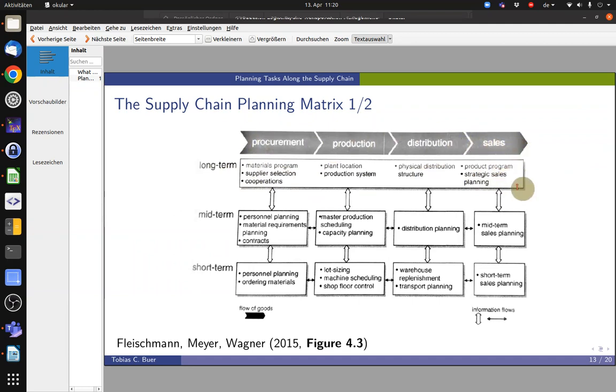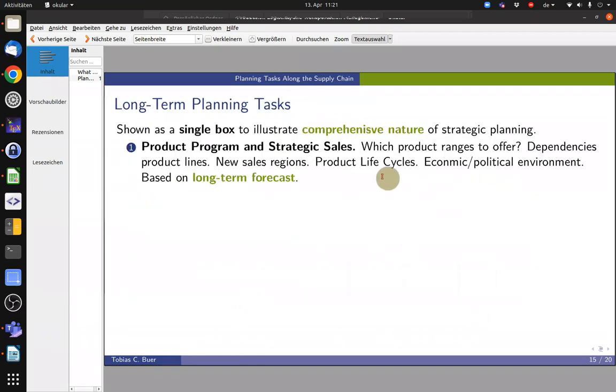The idea in drawing it this way is that you always keep in mind that the strategic decisions have to look at all the individual processes at the same time. So the strategic decisions should keep in mind all the 4 processes at the same time. And here under sales, we have product program and strategic sales planning. This is now here the first point.